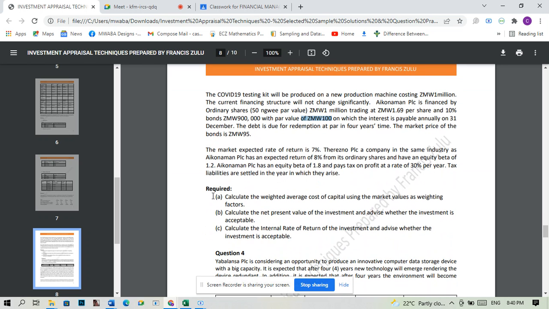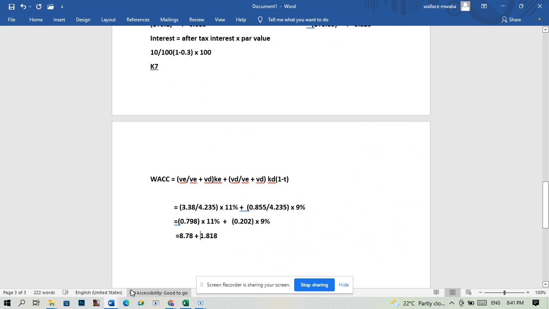So we're on part A. Right, we're trying to find the weighted average cost of capital. Okay, thank you. So don't worry, there are recordings. The only problem is you can't ask a recording questions. That's the only problem there.